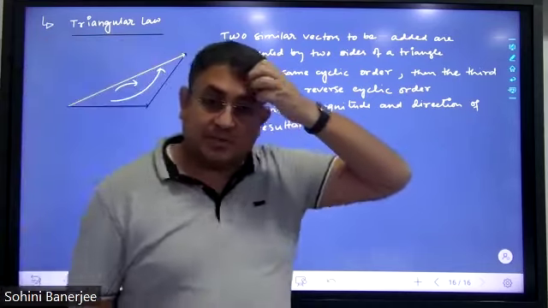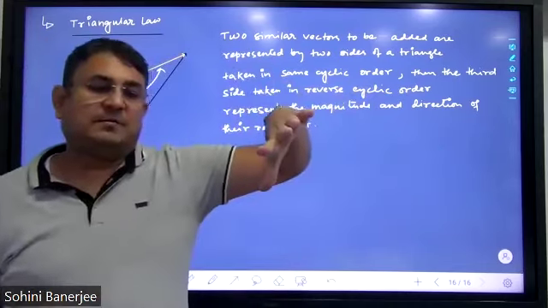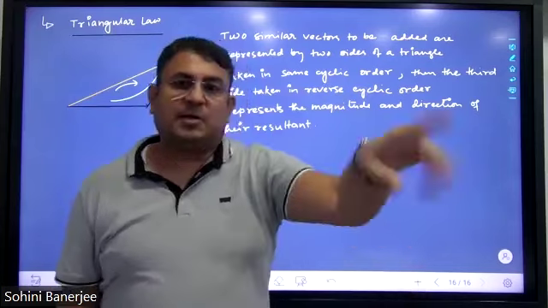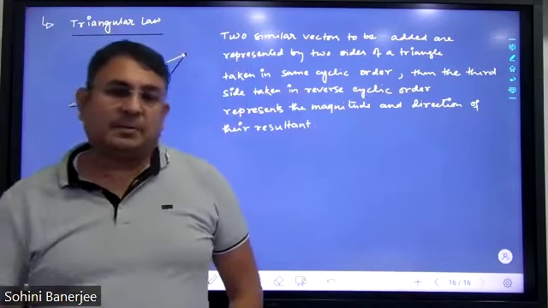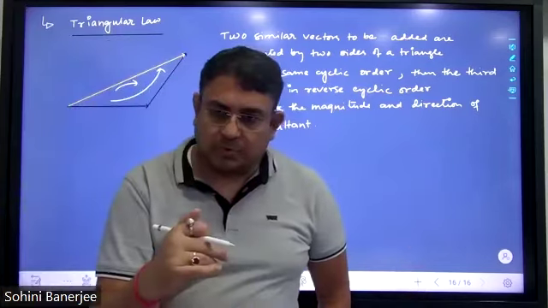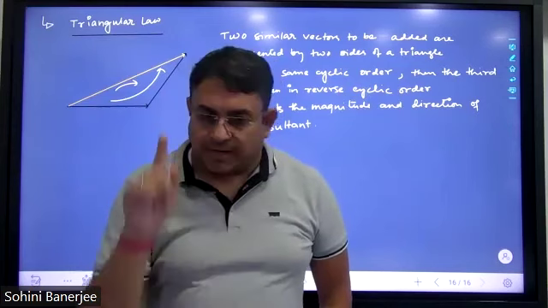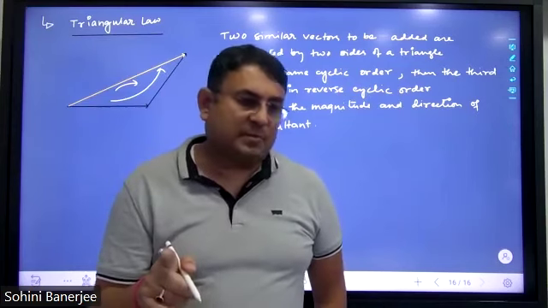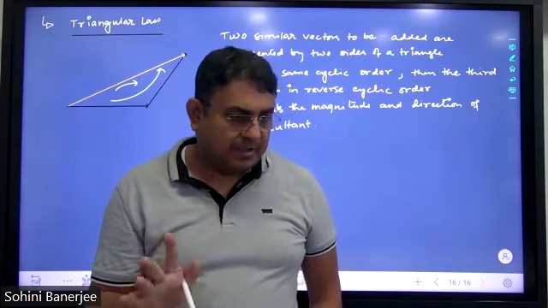Actually, from the head of the first, the tail of the second is to be started. Earlier, as I was saying, tails are to be put together; here we say from the head of the first, the tail of the second is to be started. Clear?